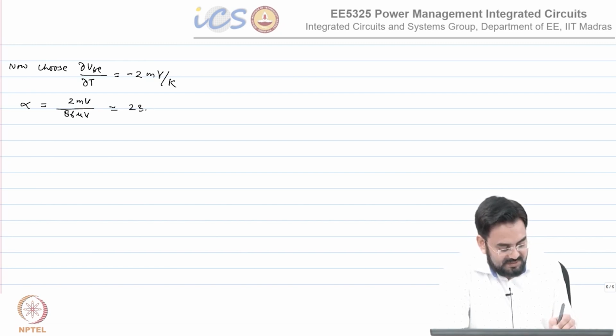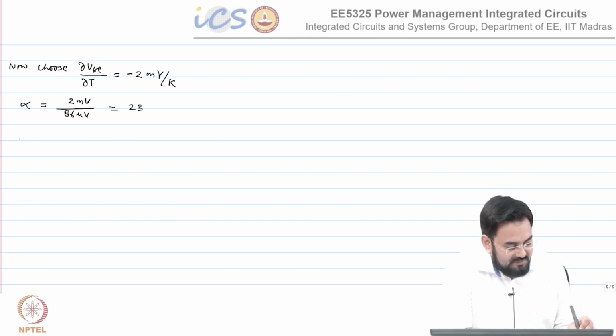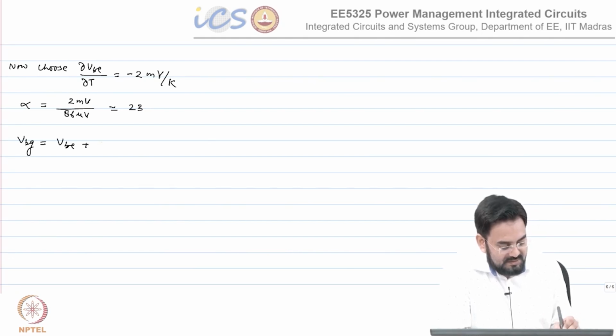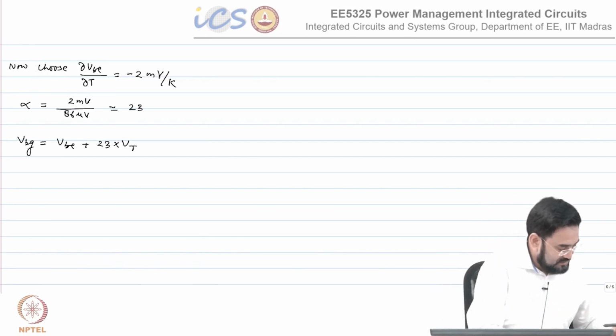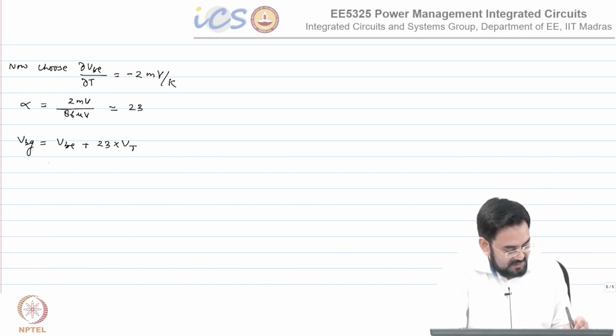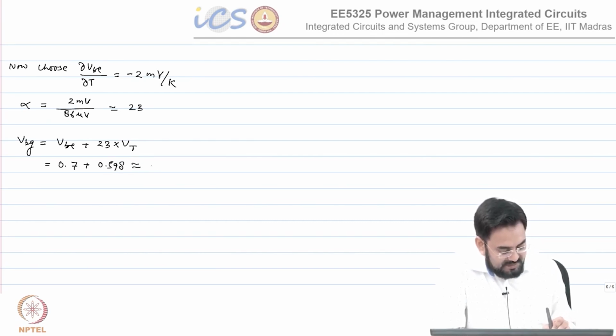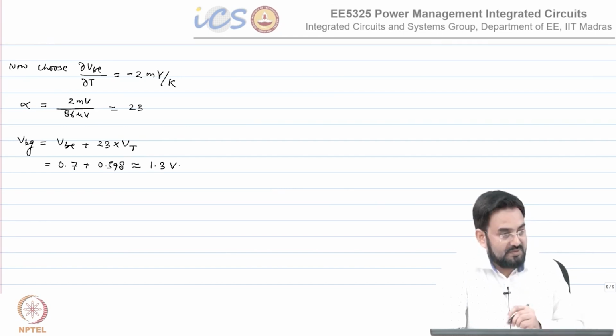Okay, just make it 23. So now VBG will be again VBE plus 23 times VT. So 26 multiplied by 23 equal to 0.7 plus roughly 0.6 volt. Okay, this is 0.598, which makes it 1.3 volt.